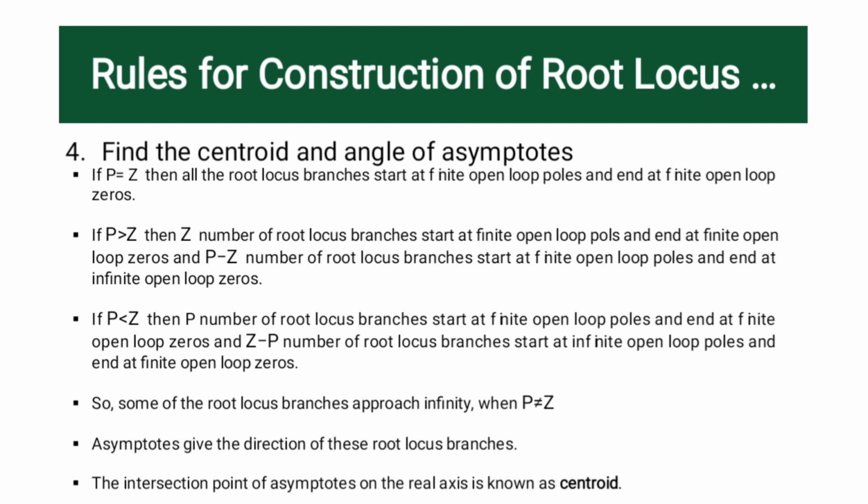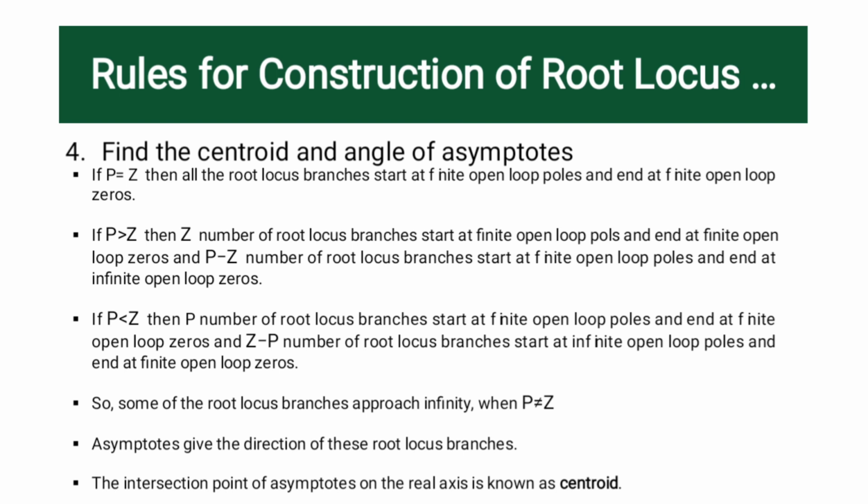If P is less than Z, then P number of root locus branches start at finite open loop poles and end at finite open loop zeros, and Z minus P number of root locus branches start at infinite open loop poles and end at finite open loop zeros. So some of the root locus branches approach infinity when P is not equal to Z.